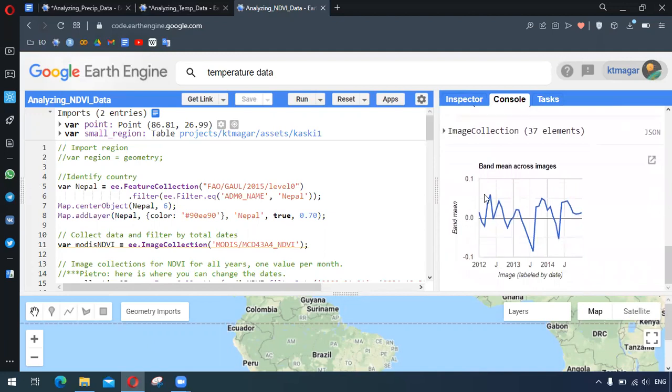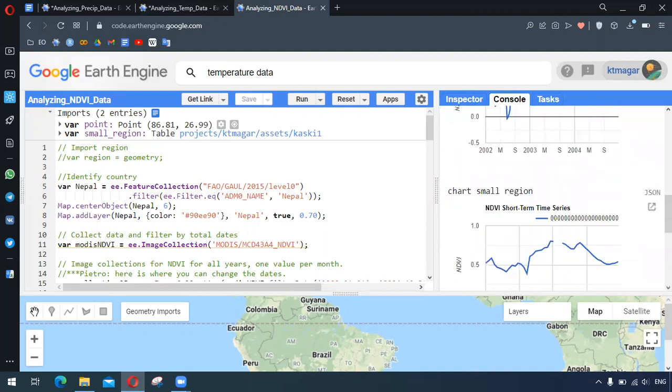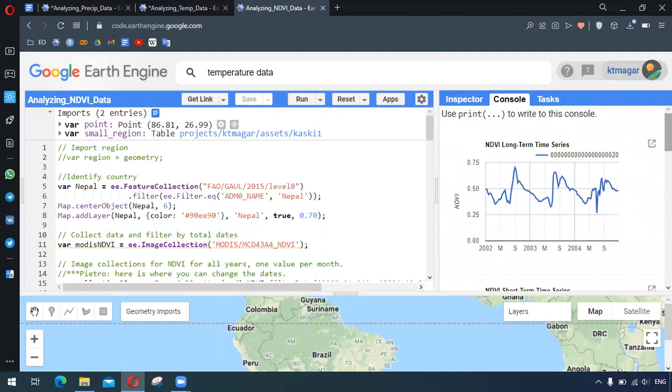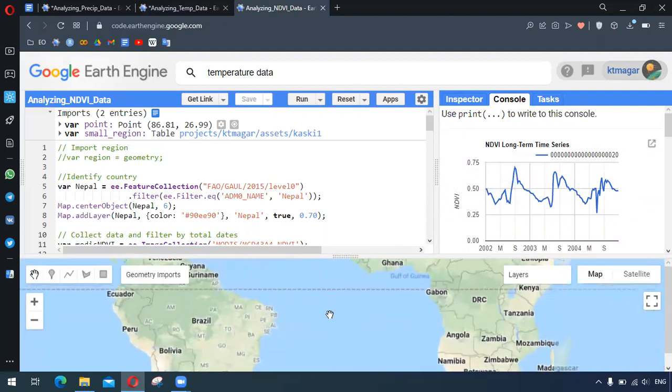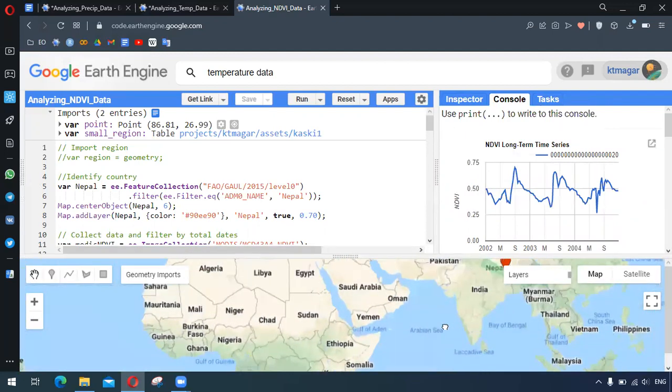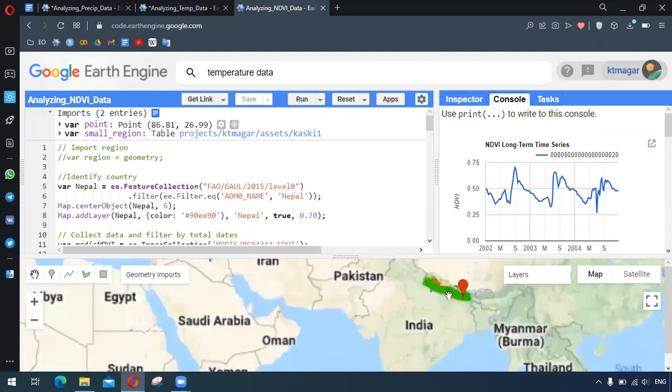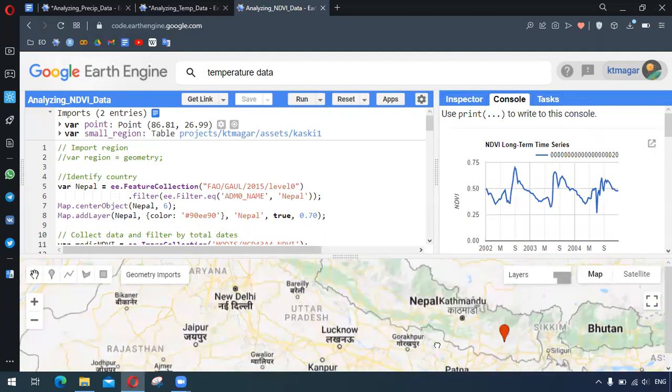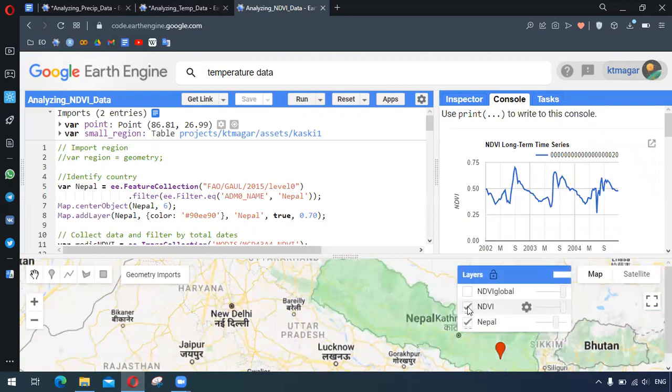And here we have the band mean across images. And this one here is the NDVI for a very long time, 2002 to 2008. We check the layers. Here's the NDVI.